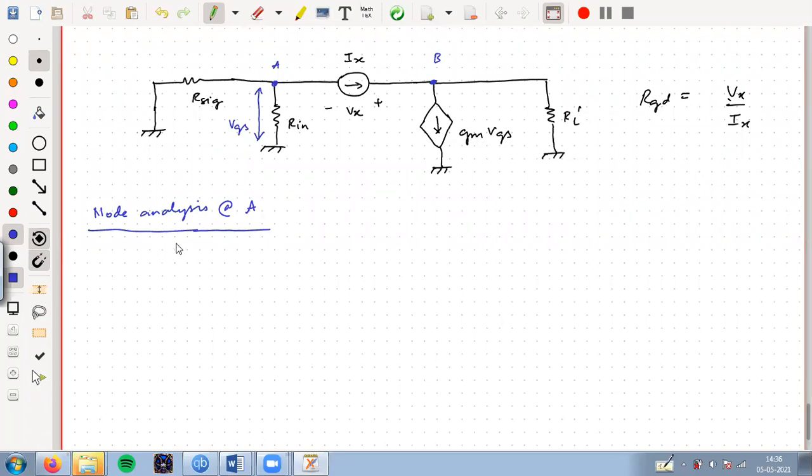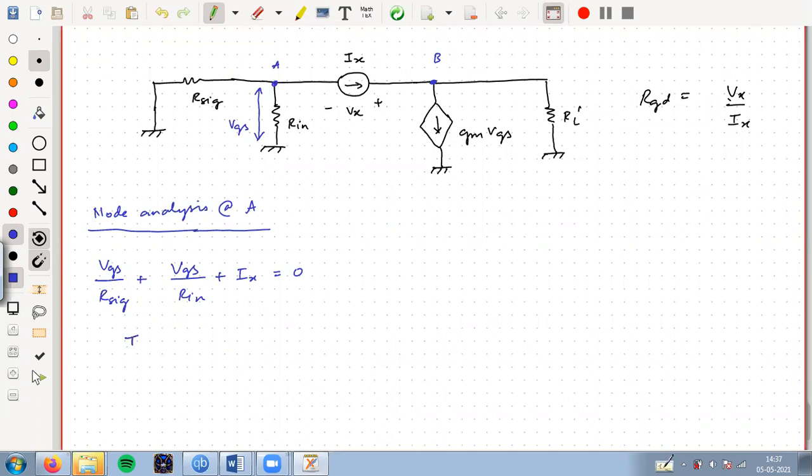So what will I get? The voltage at node A is VGS. So I can write VGS by R signal plus VGS by Rn plus Ix, where Ix is the current exiting the node A. All the currents are exiting the node, so VGS by R signal plus VGS by Rn plus Ix is equal to 0.